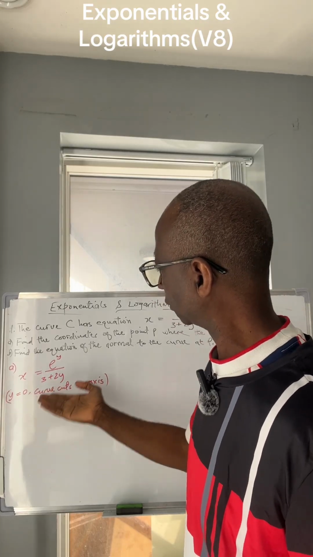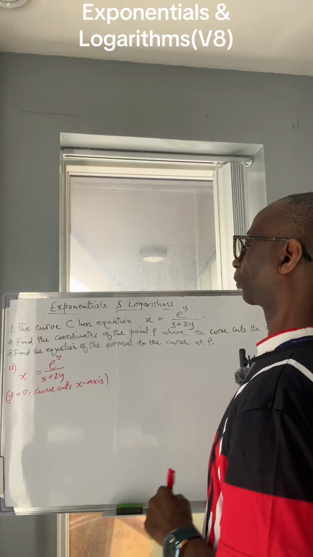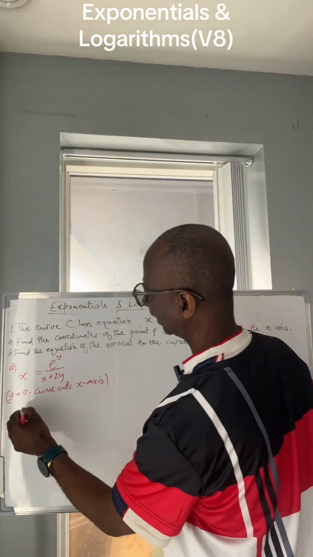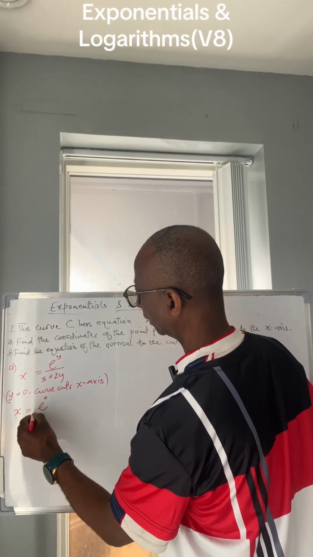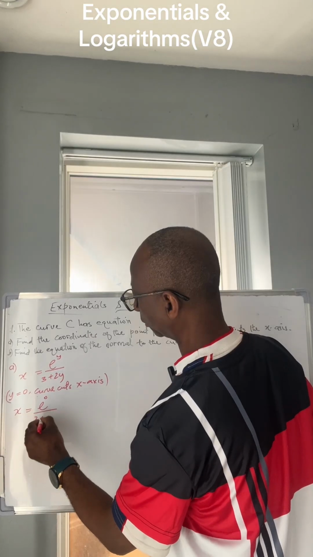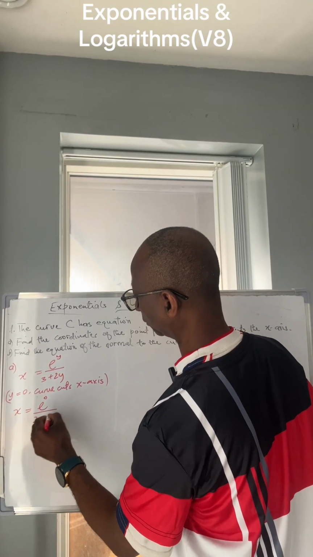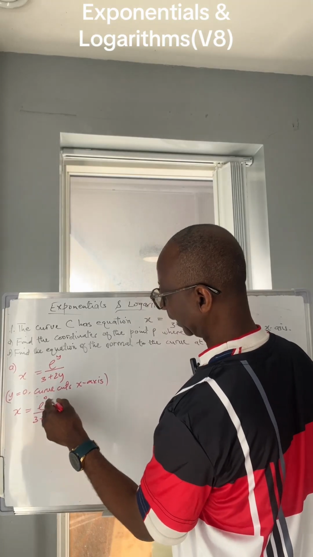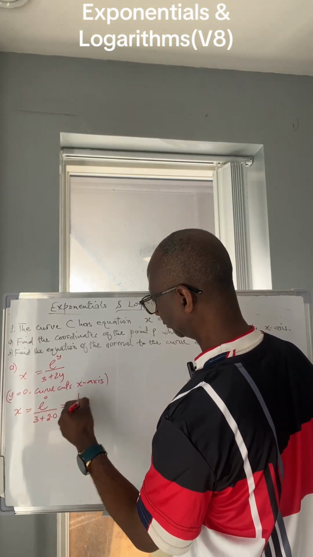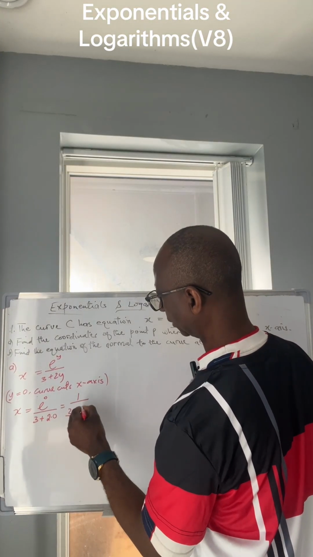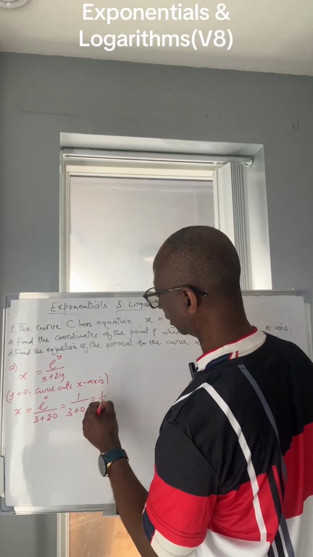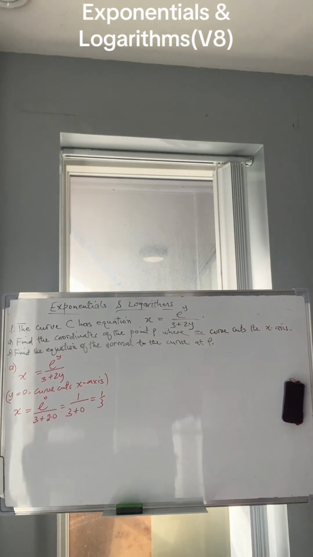So for now, substitute y equals 0 in this equation, you will have x equals e raised to the power of 0 divided by 3 plus 2 times 0. So this gives you e raised to the power of 0 is 1. 3 plus 2 times 0 is 0. So you get 1/3. So therefore, question 1 is already answered.